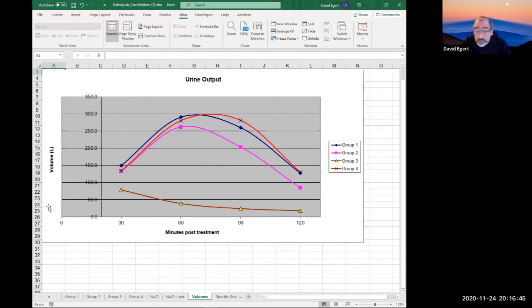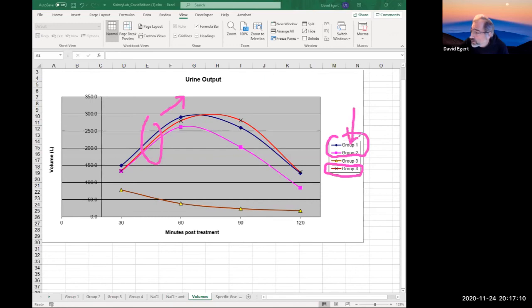Let me go to annotate. So if you look here, now we can compare. Group 1, 2, and 4 are all similar in that they're all going up pretty dramatically, but then we can look for subtle differences.